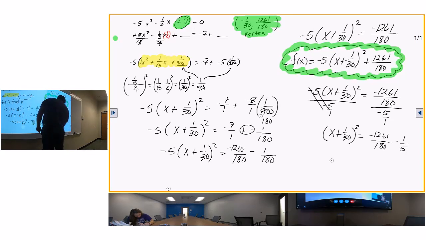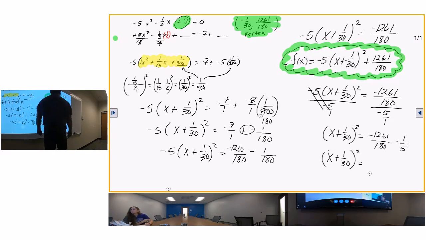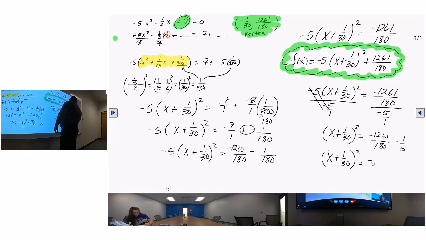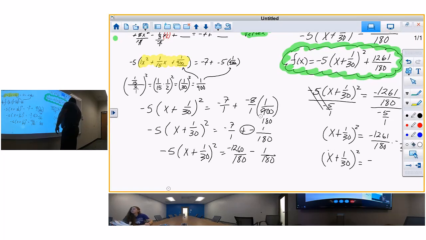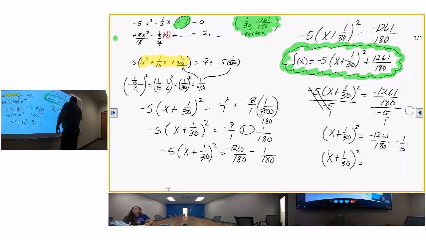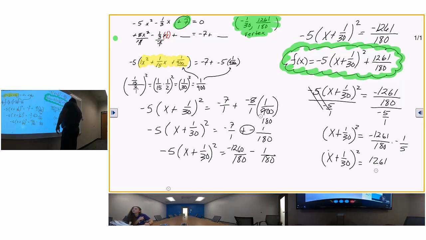And that's going to give us x plus 1 over 30 quantity squared is equal to, multiplied, positive. Sorry, I was adding. It'd be 1261 over, and then we say 5 times 180 is equal to 900.